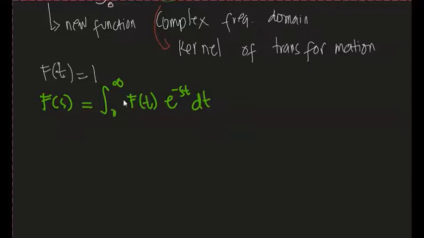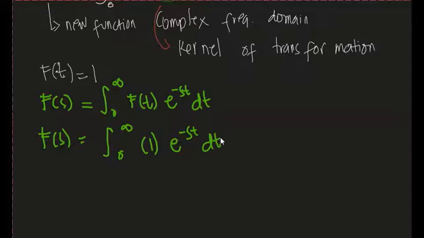So, kamo ni aton original equation, substitute natin ng function which is 1. Despite wala ni siya t nga variable dere, but still considered ni siya function of t. So, we will have f of s will be equal to the integral from 0 to infinity of 1 e raised to negative st dt.